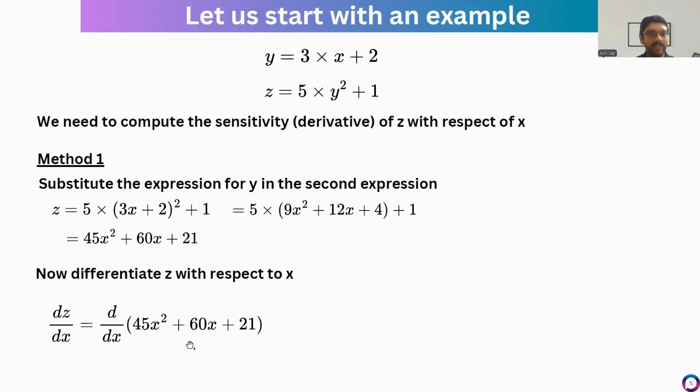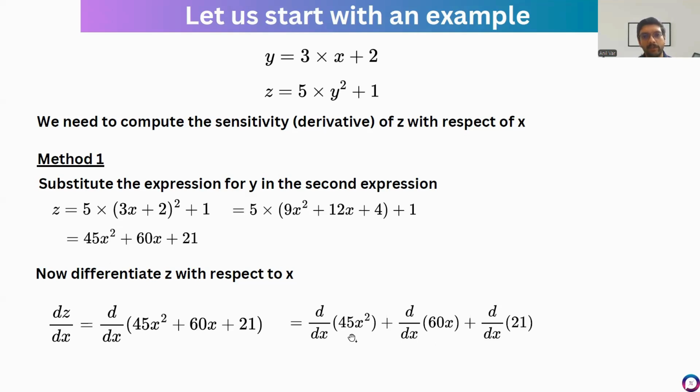It's a function of x directly now, explicitly. If you remember how we did derivatives, you first split this using some rules: d by dx of 45x squared plus d by dx of 60x plus d by dx of 21. I'm doing this step by step so that in case you haven't gone over the previous lecture on differentiation, you can follow this.